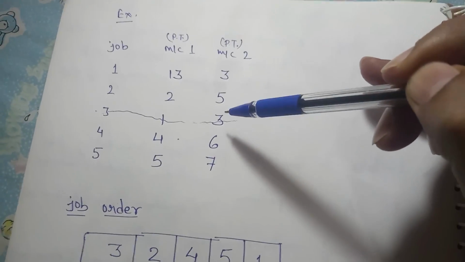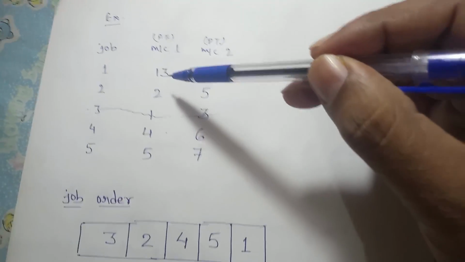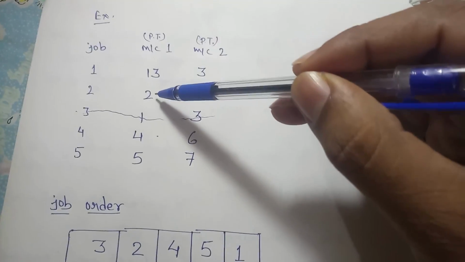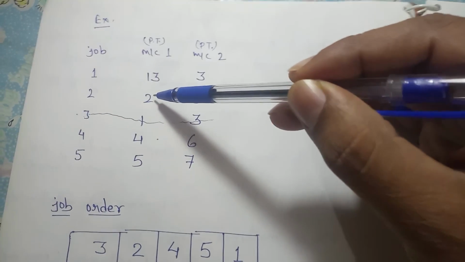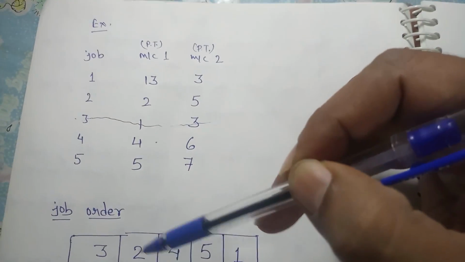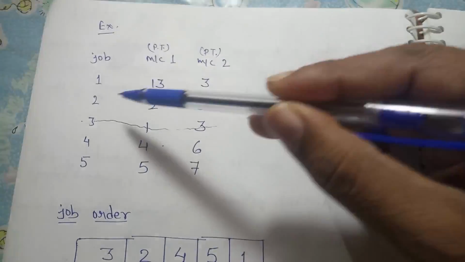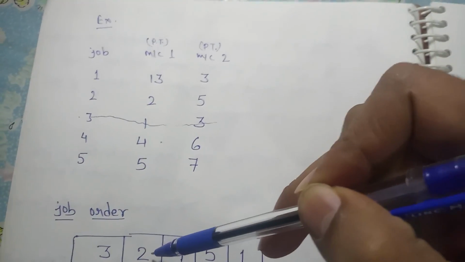Now consider the next minimum. Here you can see job 2 has 2 units, which is lower. So from machine 1, from the left side, job 2 is in second order.